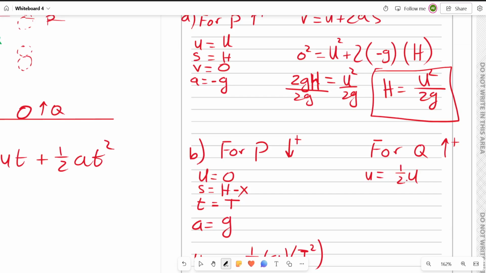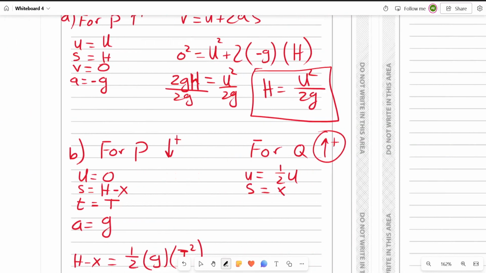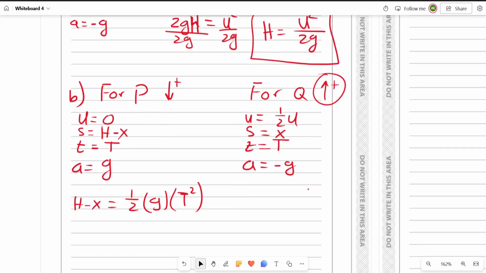If you said positive, you are correct, because we took upward as positive and Q was initially projected upwards. What is S for Q? S is the displacement from here until the collision point, which we called x. Time is again capital T, and acceleration is negative g this time, because upwards is positive and gravity acts down.